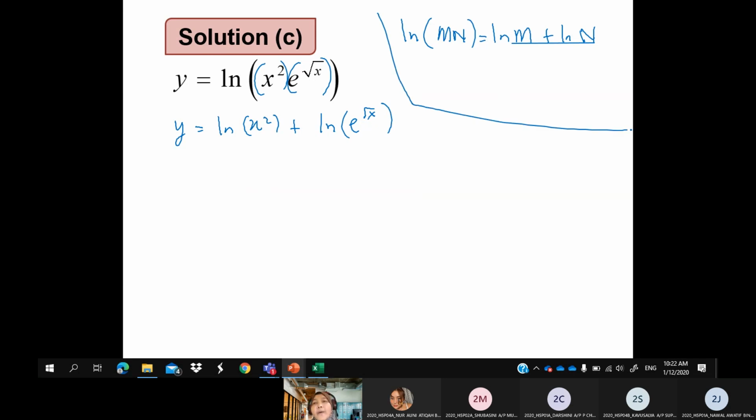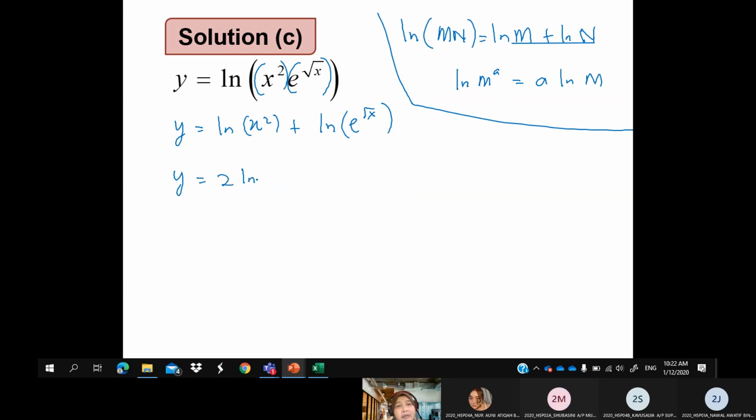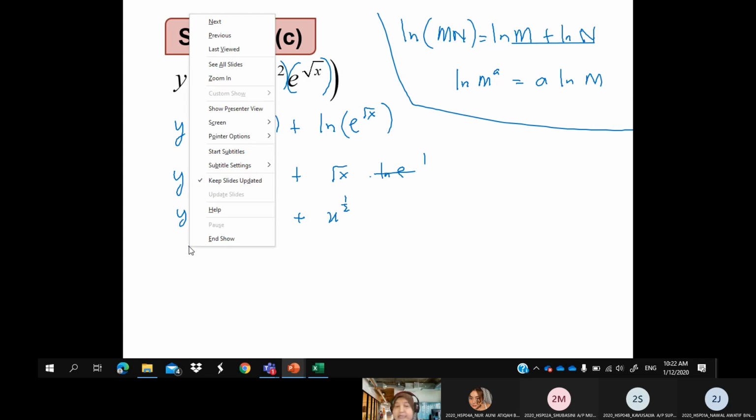Then use the third law: ln m to the power a can be written as a ln m. So we have 2 ln x plus cube root x ln e. ln e is equal to 1. So you can rewrite cube root x like this, or directly, then differentiate.